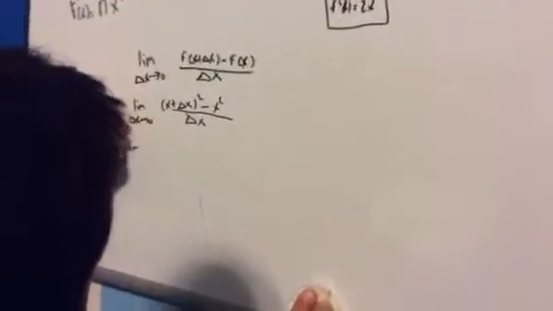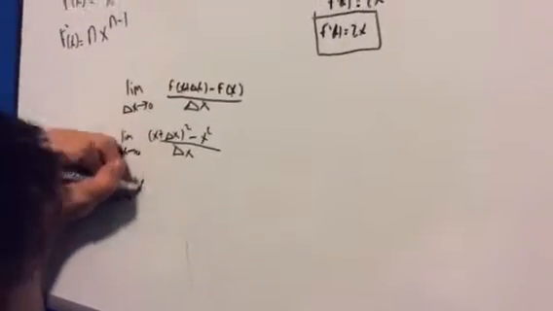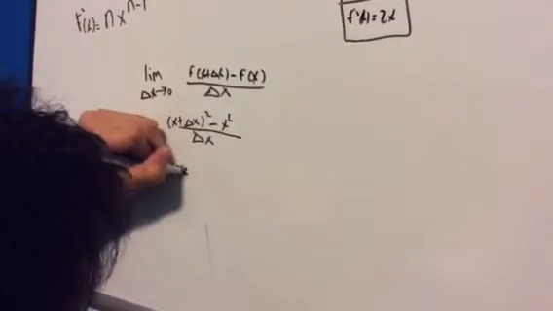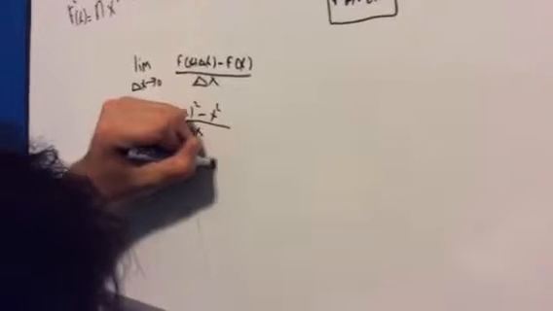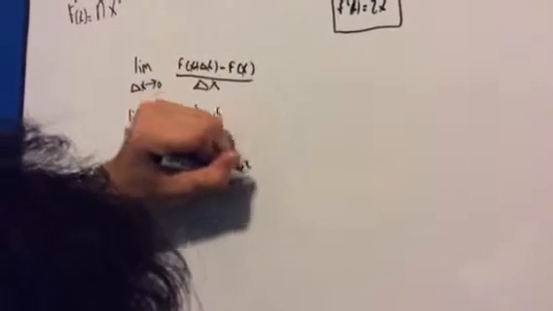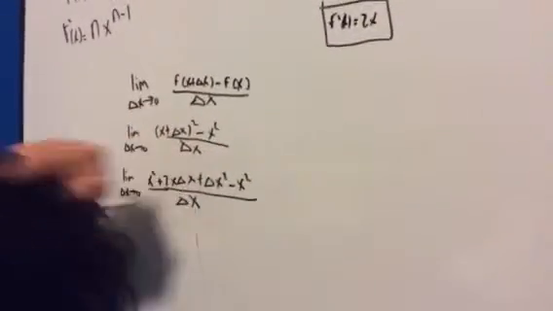So the limit as the change of x approaches 0, x squared plus 2x change in x plus the change in x squared minus x squared all over the change of x.